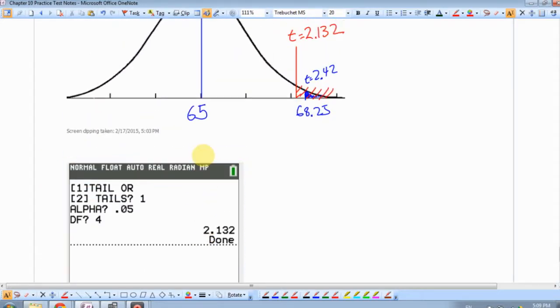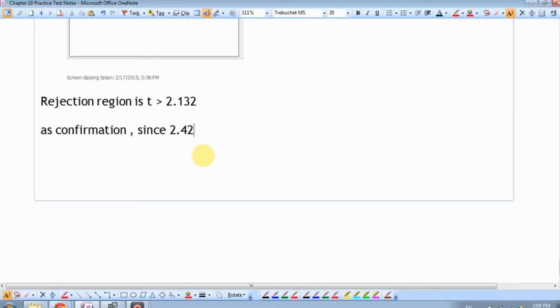Since 2.42 is greater than 2.132, we can reject the null hypothesis.